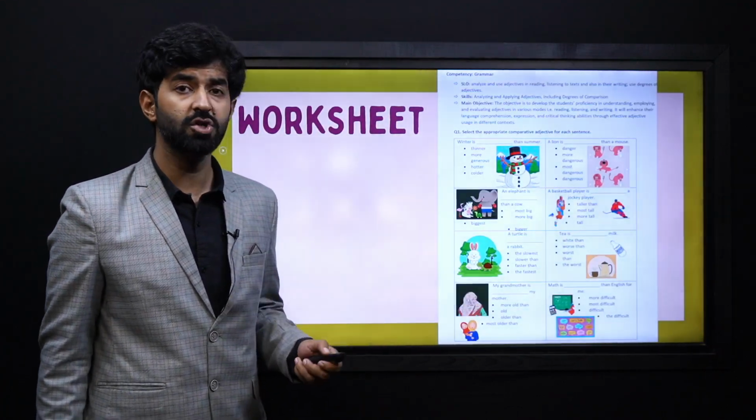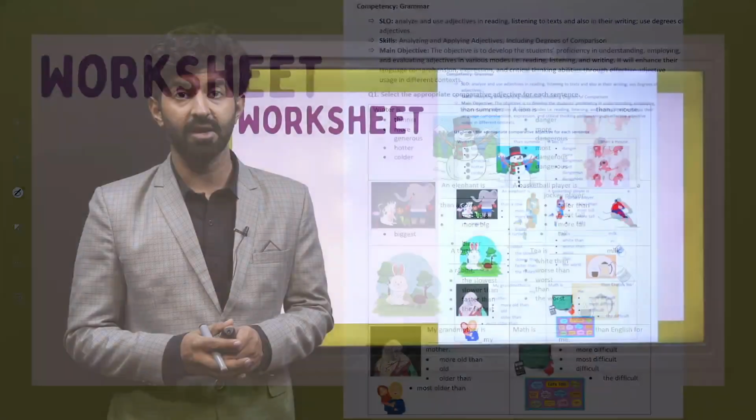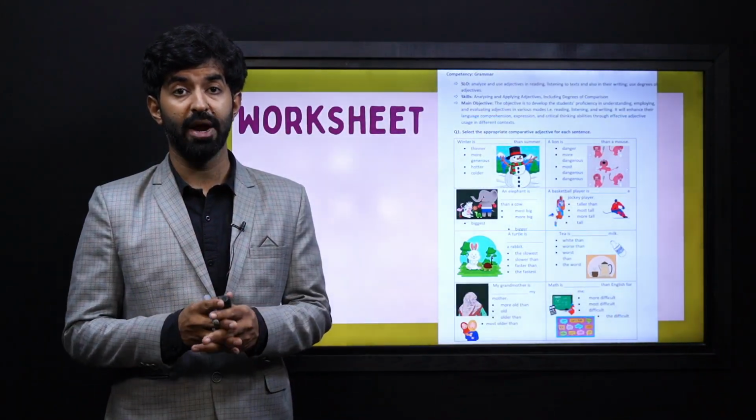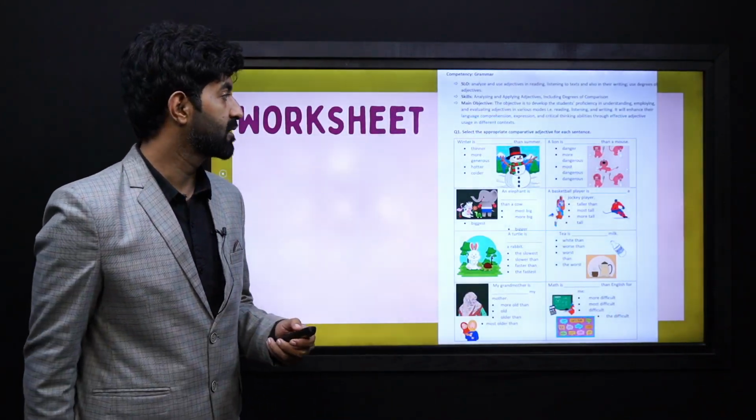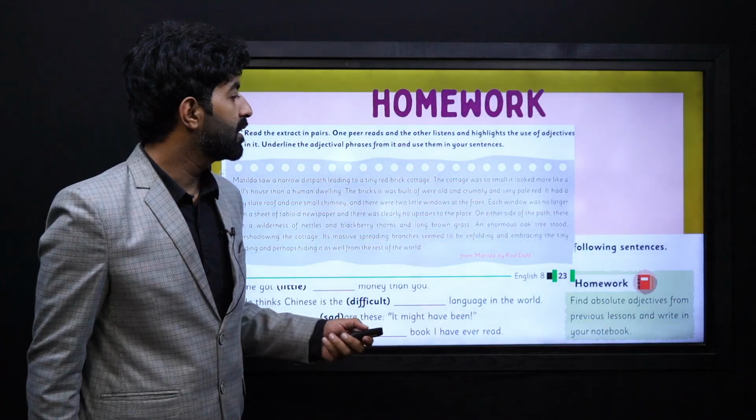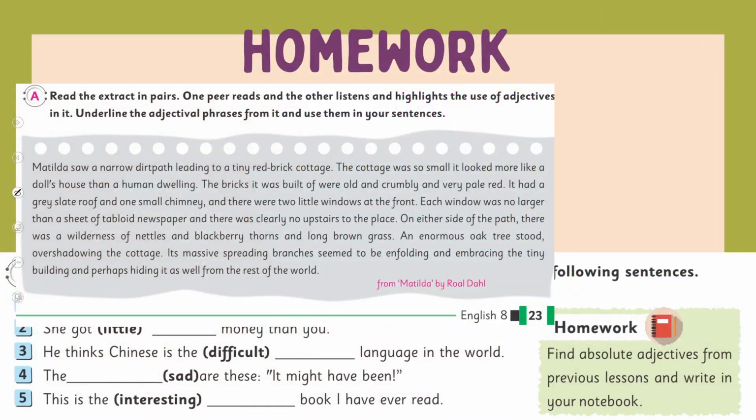Here is your worksheet for your better understanding. It will be distributed to you to practice your adjectives. Here is your homework. You have to read the extract in pairs. One pair reads and the other listens, and highlight the use of adjectives in it. Underline the adjectival phrases from it and use them in your sentences.